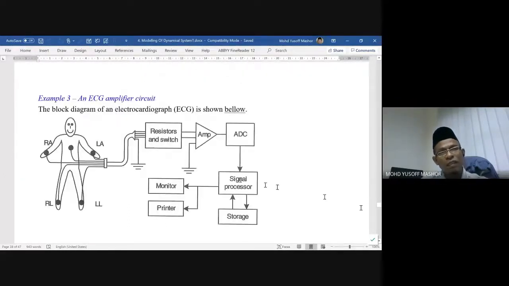Another example is an ECG amplifier circuit. If you measure the ECG, for the heart rate or heart signal, you connect the leads. The minimum is 5 leads connected to a human body, and then you connect this to a resistor and switch.